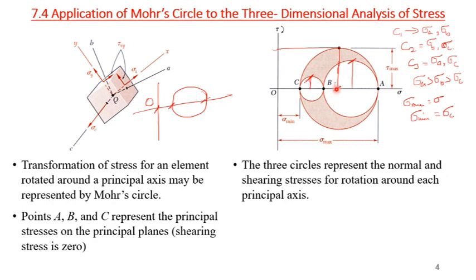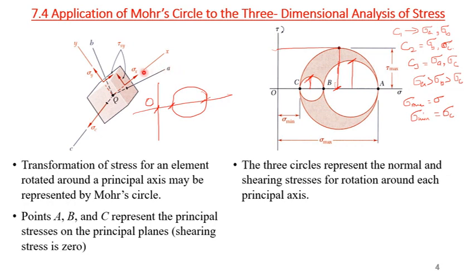If I have to find the stress between B and C, I have to rotate about the A axis, and if I want to find the maximum shear stress between A and C, I have to rotate the element about the B axis.